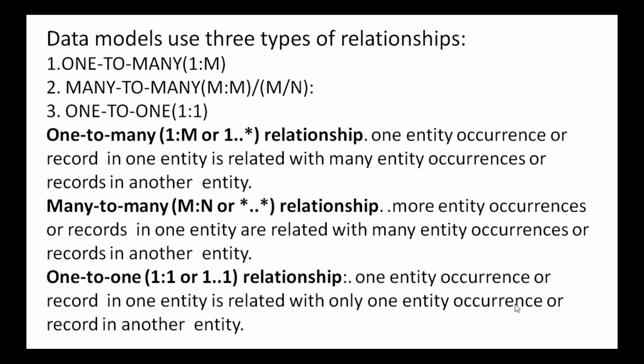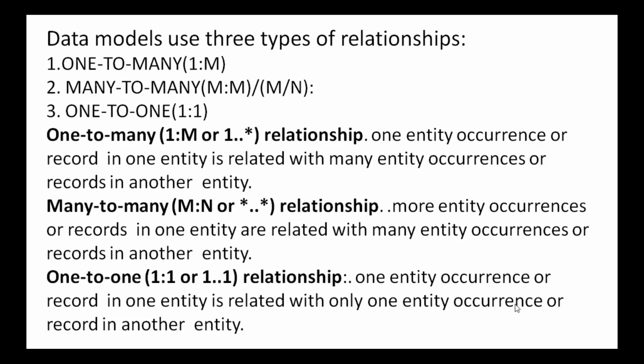Coming to the one to one relationship. One entity occurrence or record in one entity is related with only one entity occurrence or record in another entity or table. What is the example for this? Let us take two entities like employee and store.